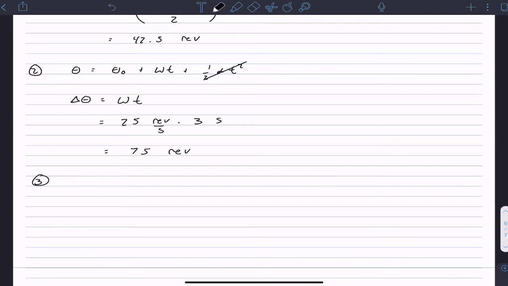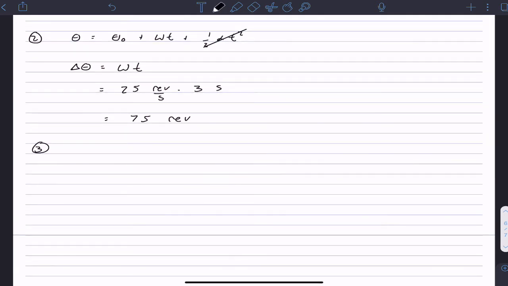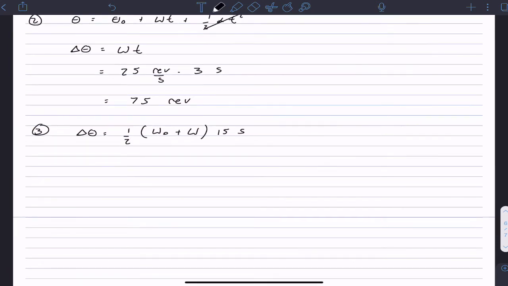Okay, and next for the last phase, we can use the same equation that we did before, because what we have here is delta theta equals 1/2 (omega naught minus omega) times 15 seconds. This is actually plus, but it doesn't really matter.